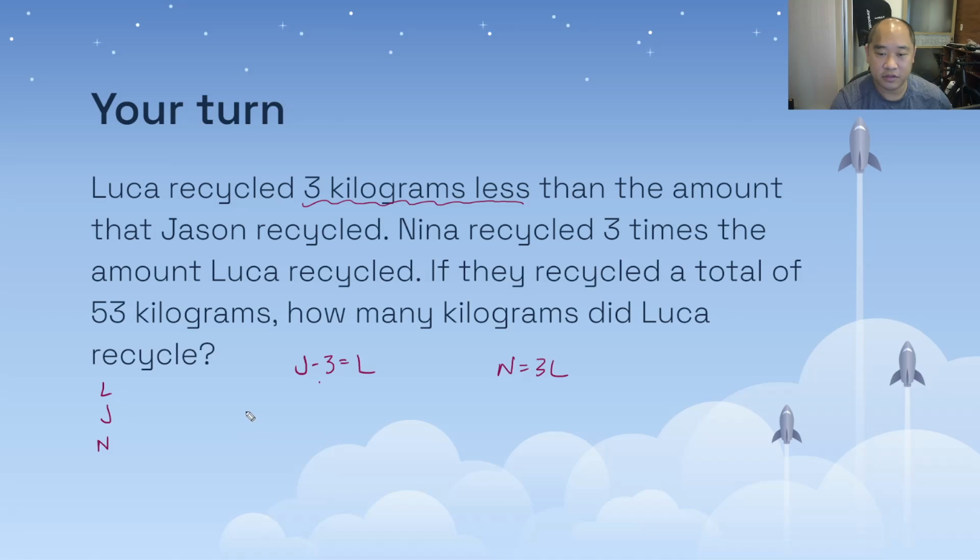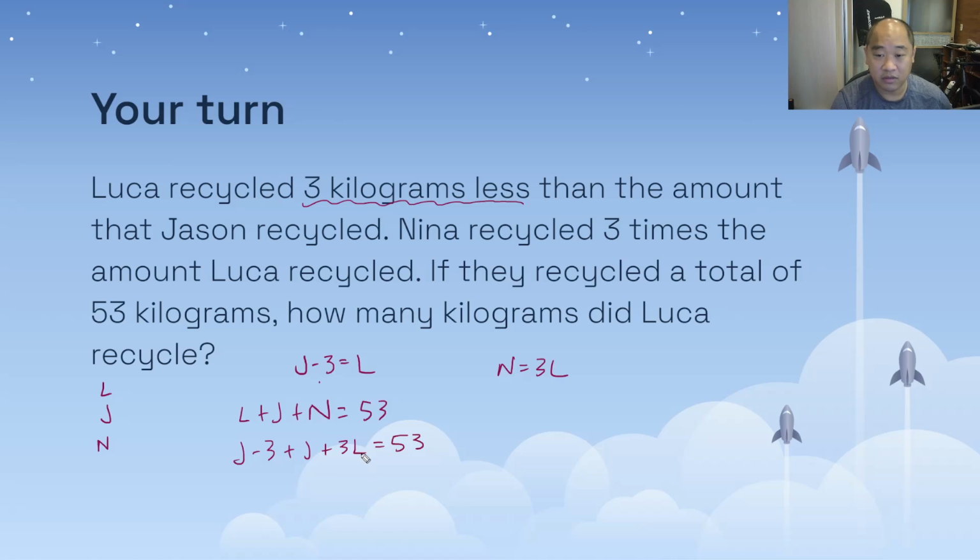Okay, it's okay. So it's L plus J plus N equals 53, right? And so L is the same thing as J minus 3. And then we can just add a J to that. And then N is the same thing as 3L, so L plus J plus 3L equals 53.